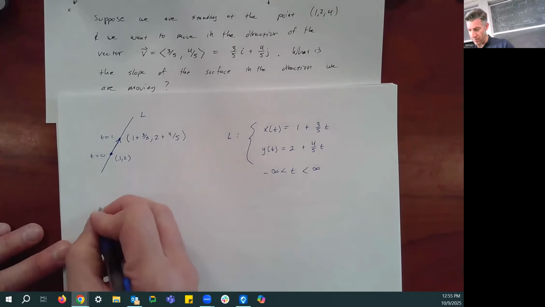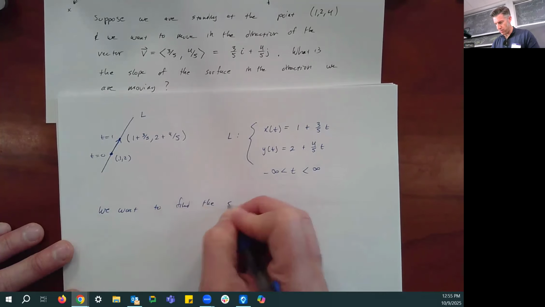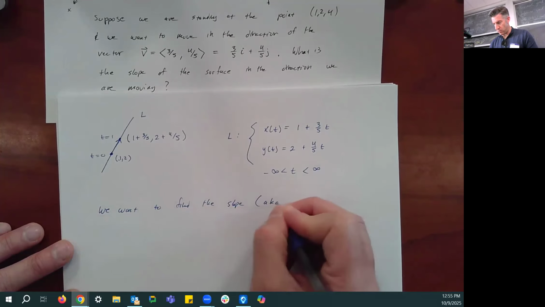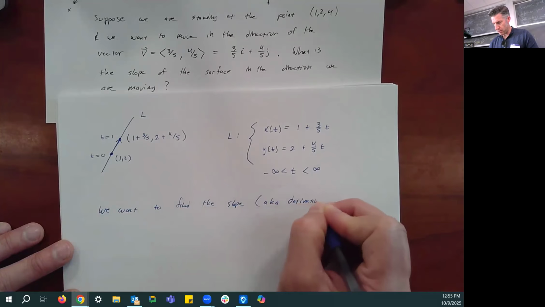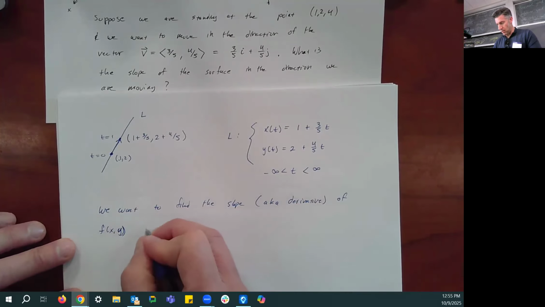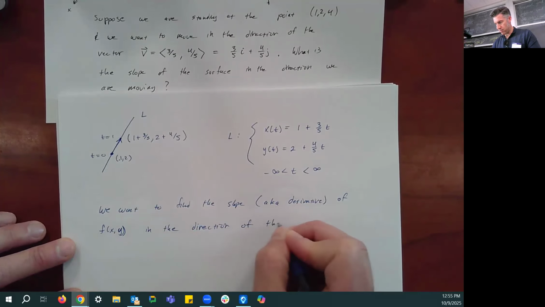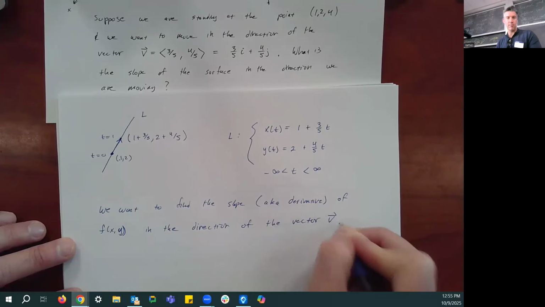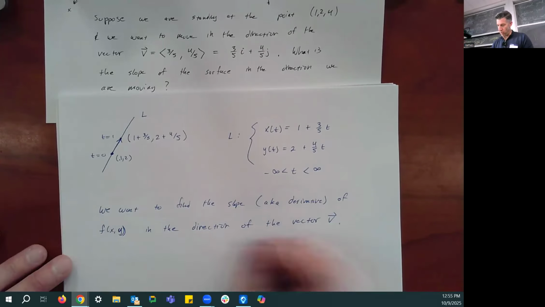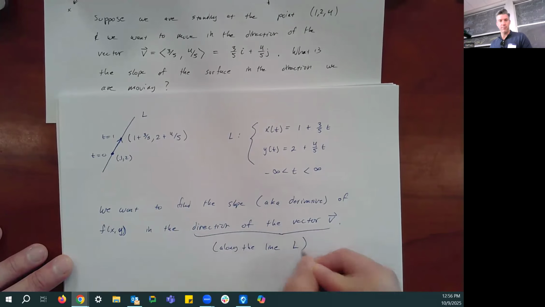So what we're really trying to find is the slope, aka derivative, of the function f of x comma y in the direction of the vector v. Or in other words, along the line L.